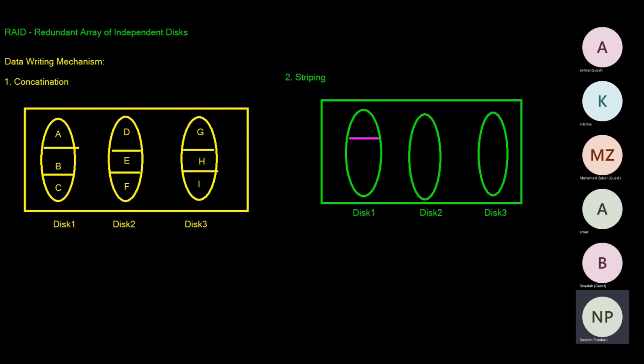I'm assuming that I have 3 blocks for my convenience, so that I can explain properly. It will have more or fewer blocks based on the disk type and the disk size.